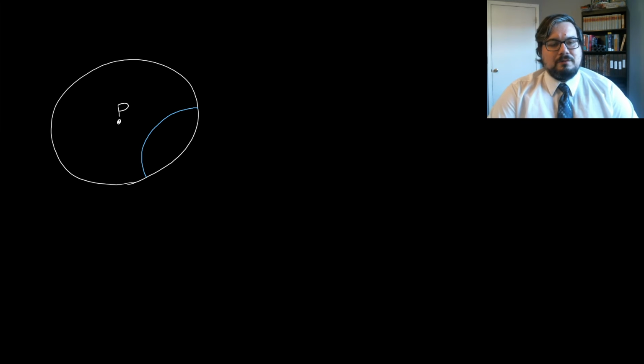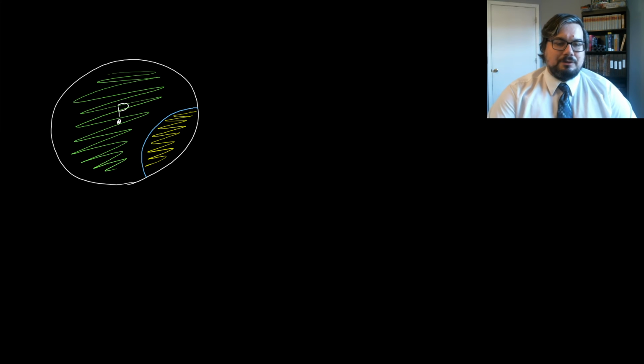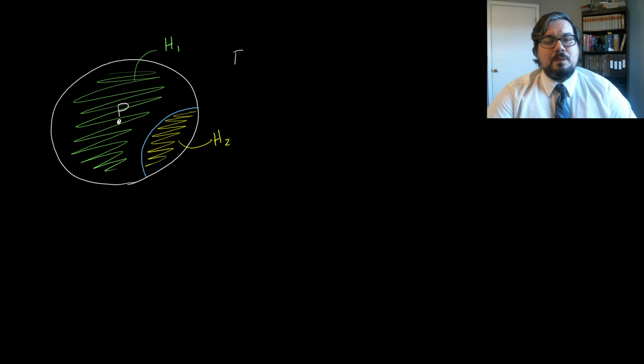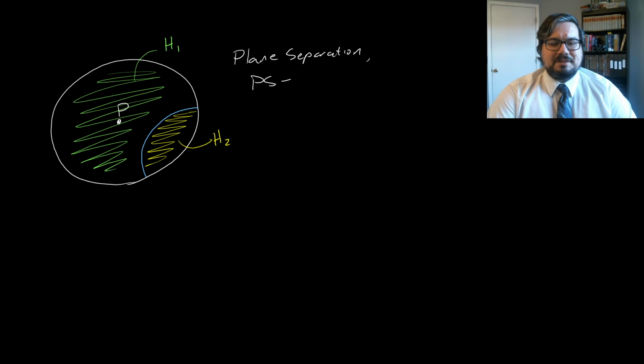Remember that for our plane separation, we wanted to say, given a line, we need to be able to identify two half planes that have that line as a boundary. So we could call this side H1 and this side H2. And so we actually have that plane separation axiom PS1 also holds.